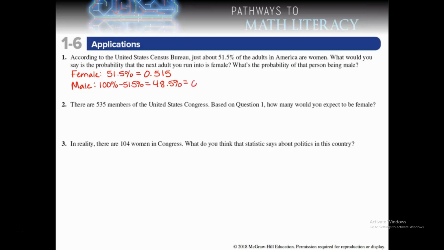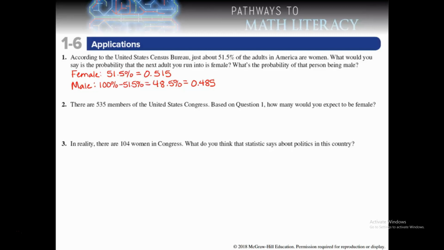So then in number 2, there are 535 members of the U.S. Congress. Based on the statistics from question 1, how many would you expect to be female? Well, if 51.5% of adults are female, then we would expect 51.5% of Congress to be female.